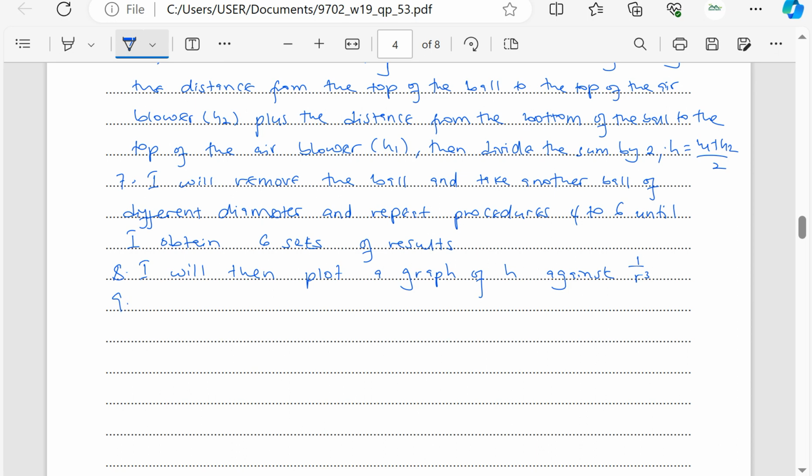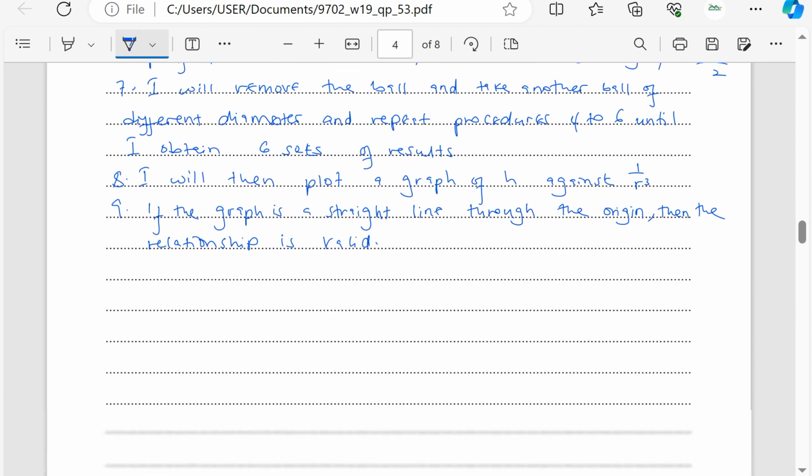So in step 9, I will say if the graph is a straight line through the origin, then the relationship is valid.